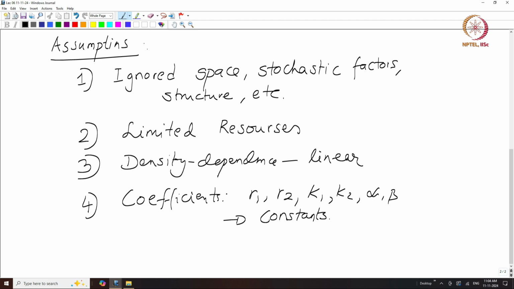Typically whenever we write an equation that represents biological reality, there are really large number of assumptions we make, and what is really crucial is to understand what are the key assumptions that we have made.